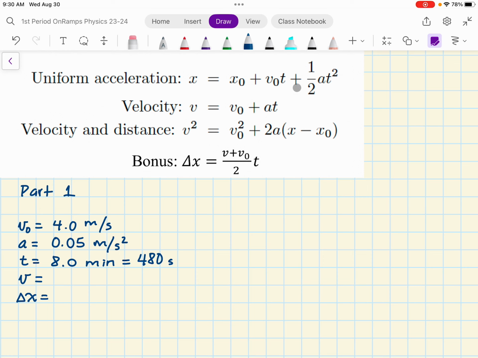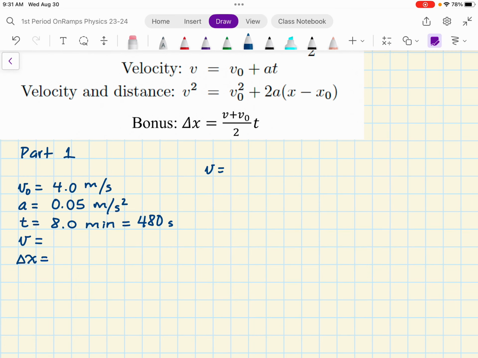We can just do algebra and solve for it. For this one, let's start with final velocity. I want an equation that has initial velocity, acceleration, time, and final velocity. And here it is. That's the one I'll pick.